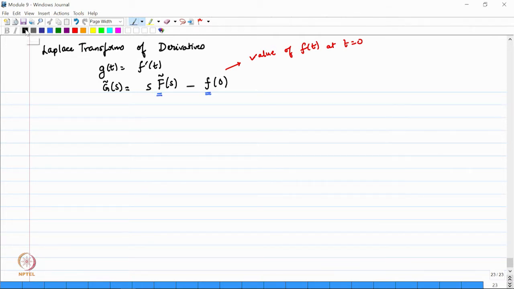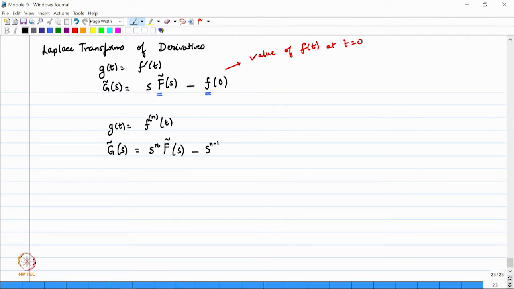Okay. Now, you can extend this and you can show that if g of t equals the nth derivative of f, then g tilde of s is equal to s raised to n f tilde of s minus, now what happens is, it is not only the value that is involved, you also have each of the derivatives at t equal to 0.